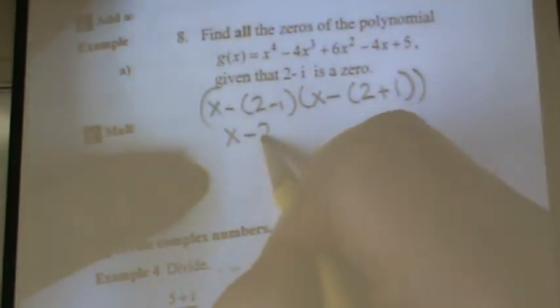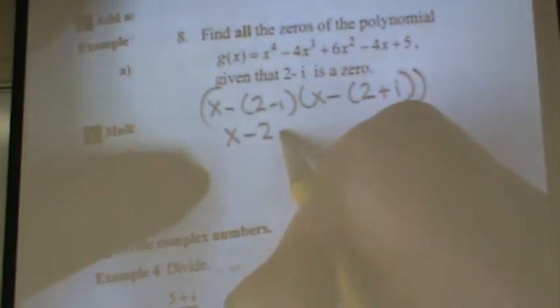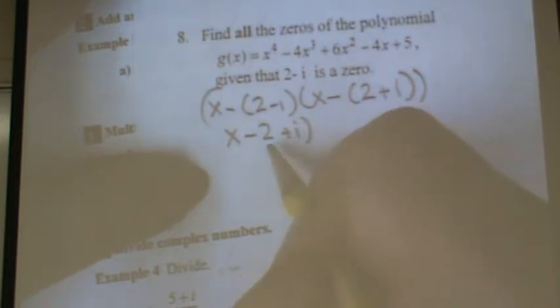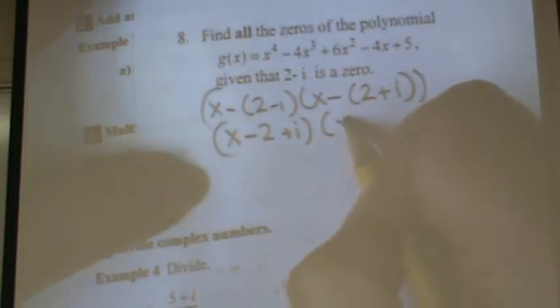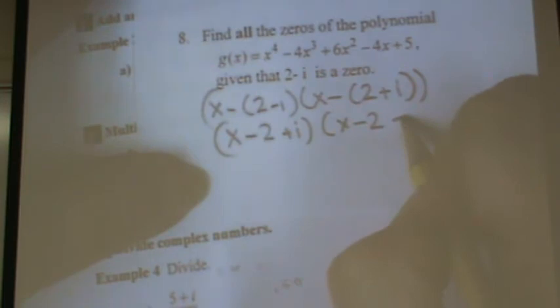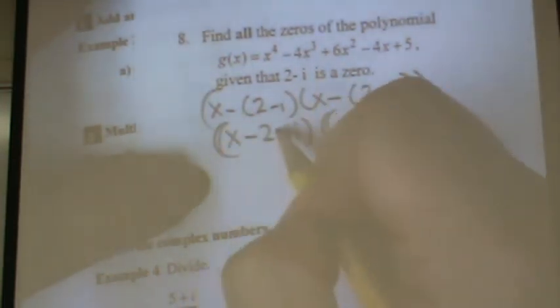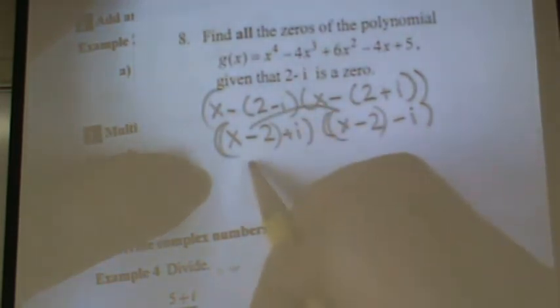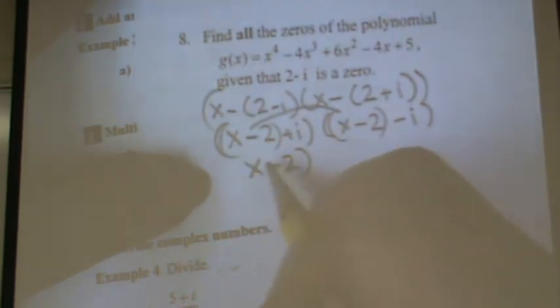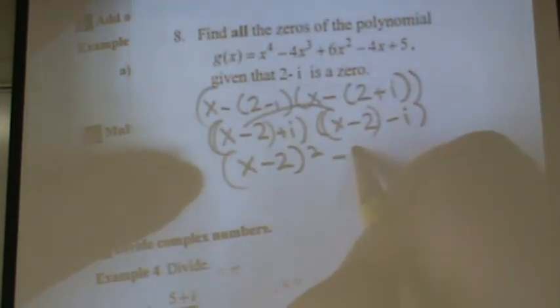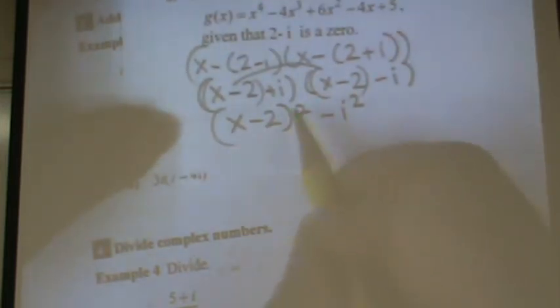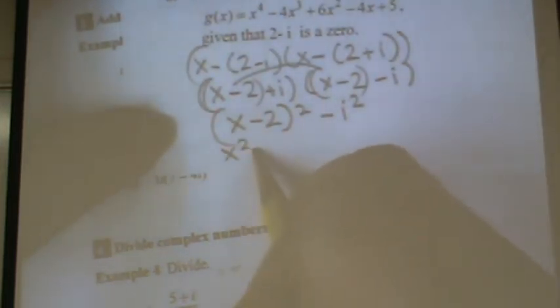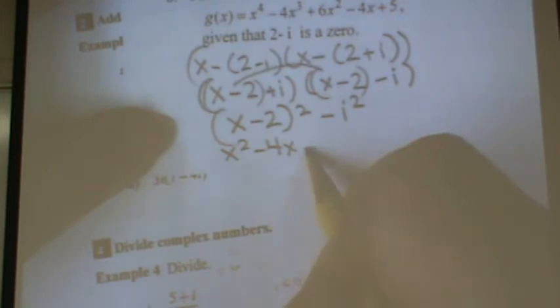We get x minus 2 plus i, and x minus 2 minus i. So when I redistribute these, and I FOIL, I get x minus 2 squared minus i squared. So what's this? Minus 4x plus 4 plus 1, which is 5, right?